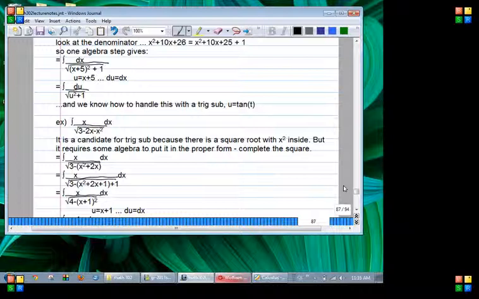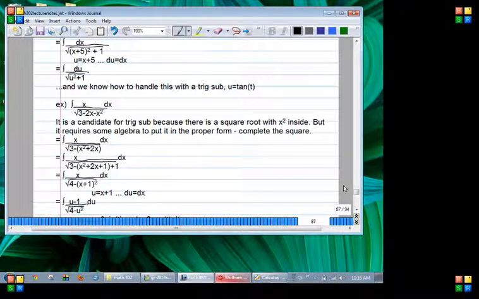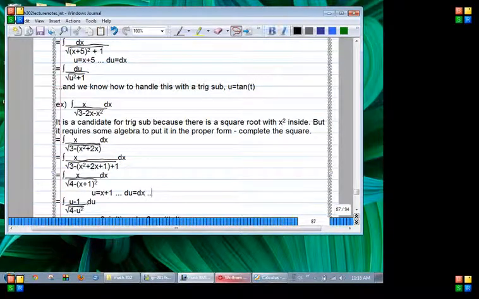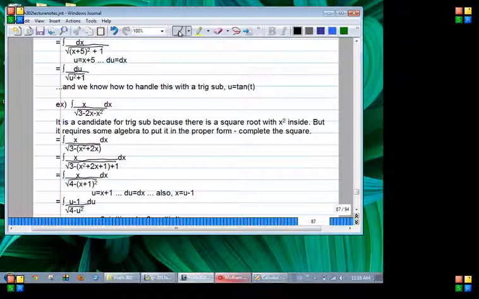So do a substitution. u equals x plus 1, and then you see what you have. So we need to replace x plus 1 with u.